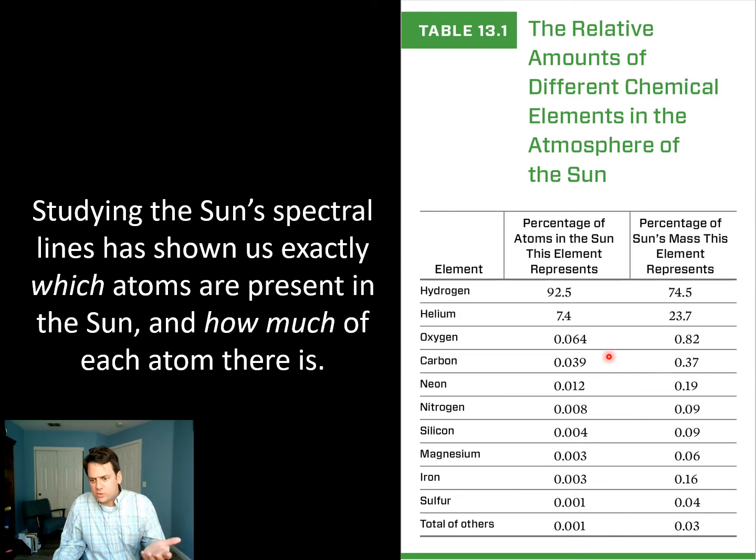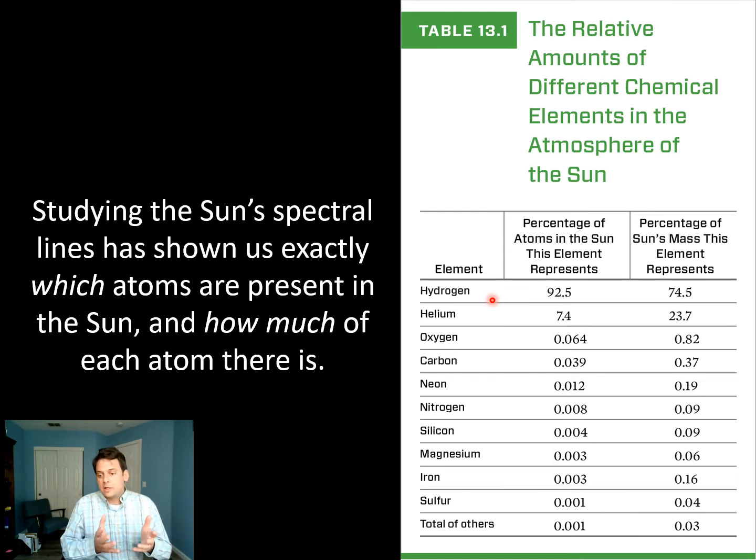The main difference here is that hydrogen is 92.5% of the sun by atom number. In other words, 92.5 atoms or nuclei out of 100 are hydrogen nuclei. But because hydrogen is the lightest element, it makes up only 74.5% of the sun's mass.